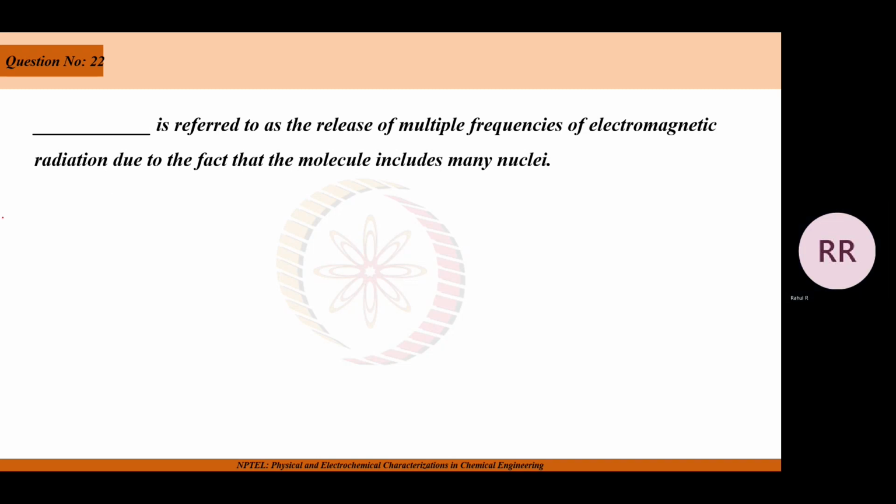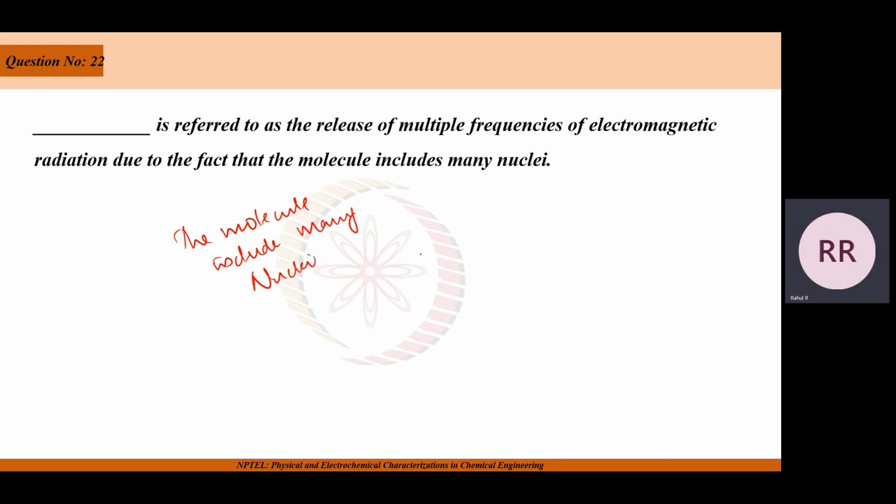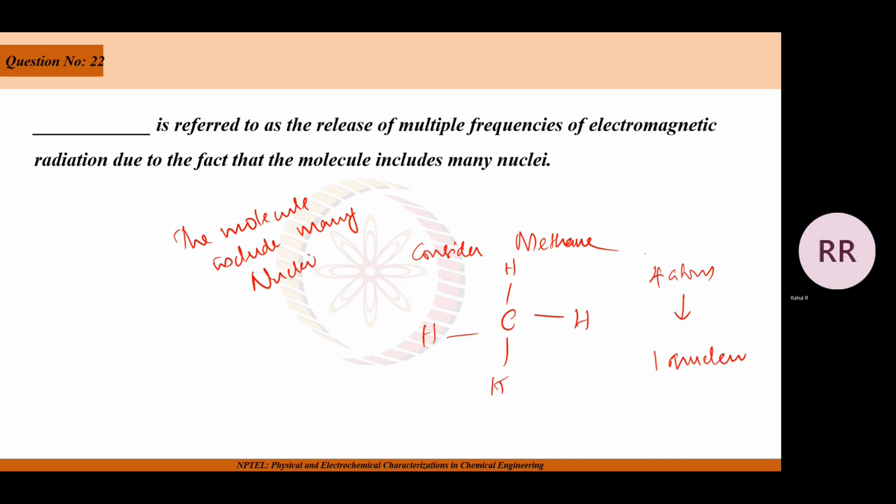So here, the molecule includes many nuclei. For example, consider methane, which is CH4. In this, there are four hydrogen atoms and one carbon atom, and each atom consists of one nucleus. So there is 1, 2, 3, 4, and 5.